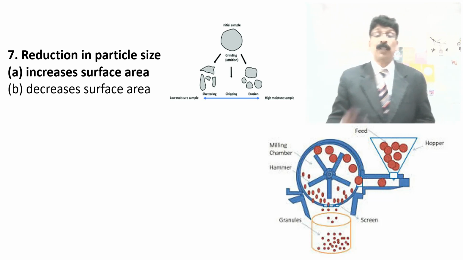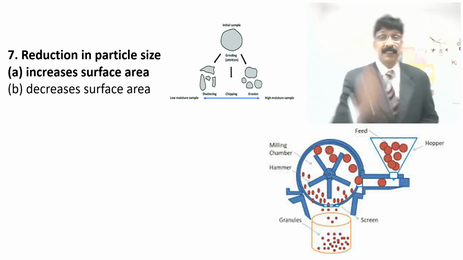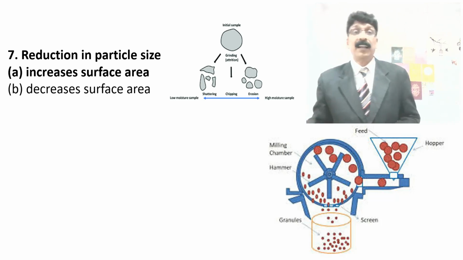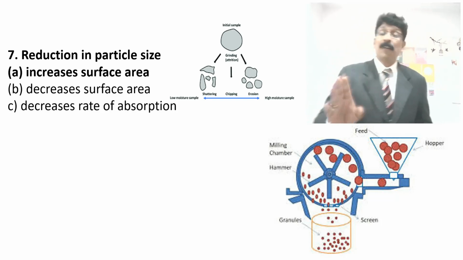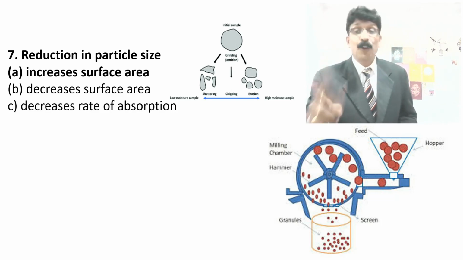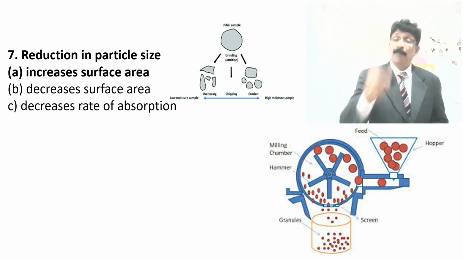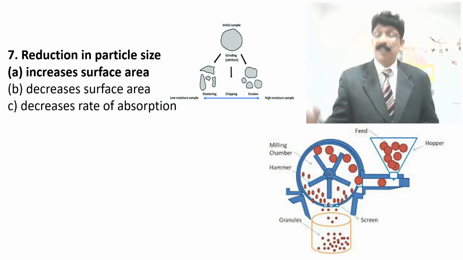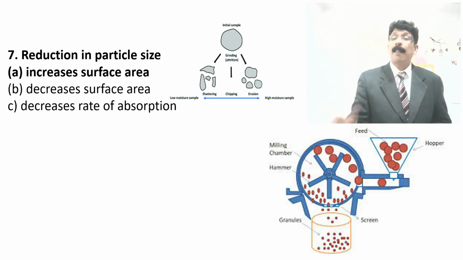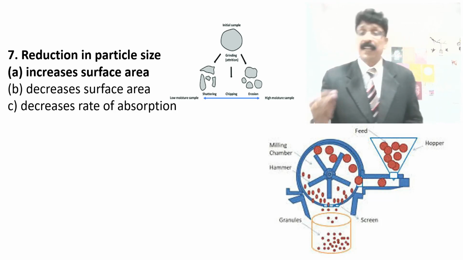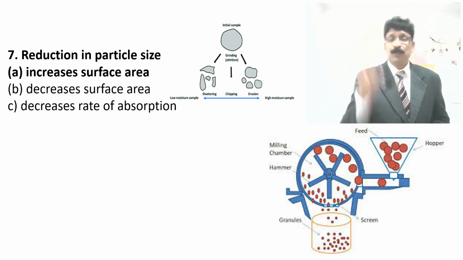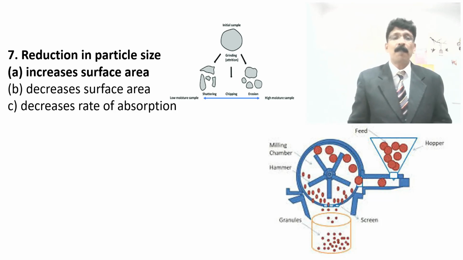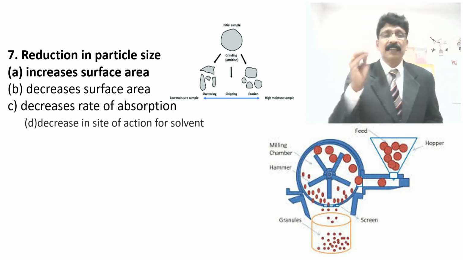So the correct answer is increase in surface area. Decrease in surface area is wrong. Decrease in the rate of absorption is wrong, because we do size reduction for increasing the absorption, increasing the solubility and increasing the distribution of the drug in our stomach. It's very simple, any student can understand. So the answer is increase in surface area.